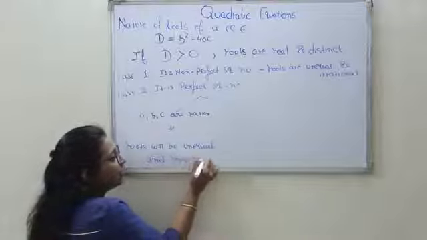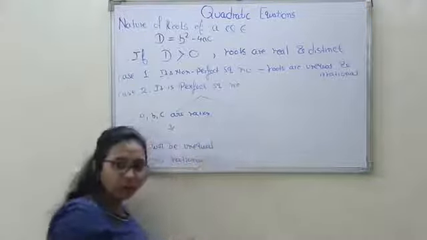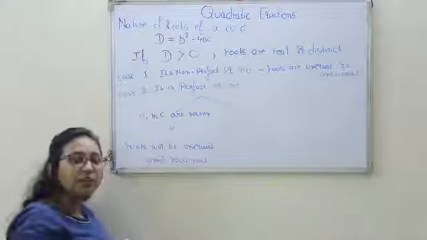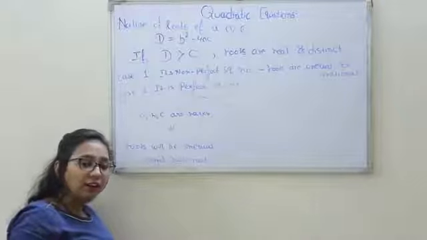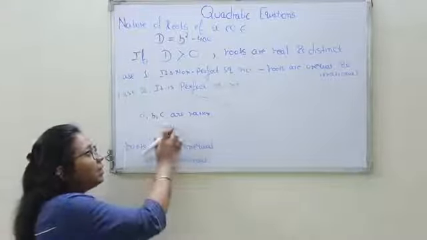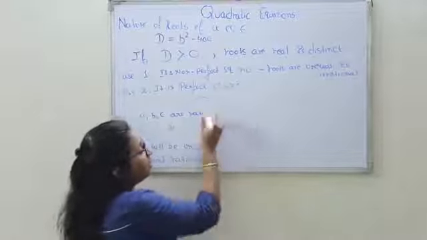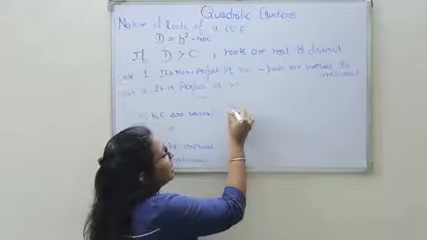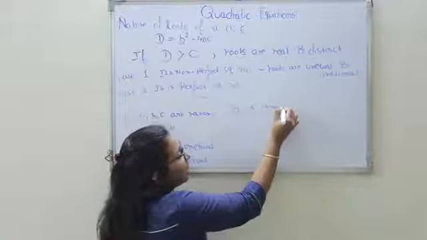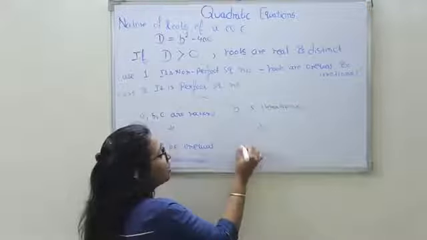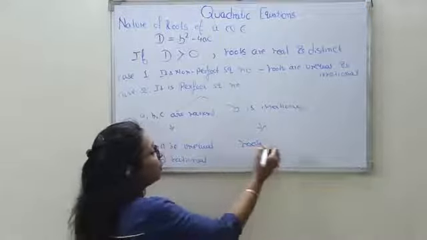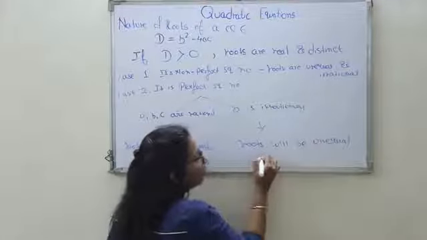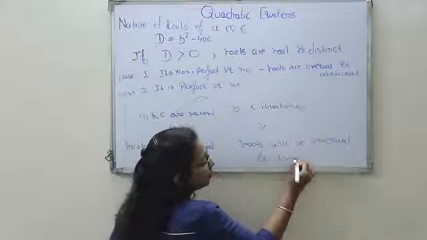And children, the last situation: for that equation of which you have got b square minus 4ac as a positive perfect square, and if you check that out of a, b, c, only b is irrational, a and c are rational but b is irrational, then the roots will be unequal and irrational.